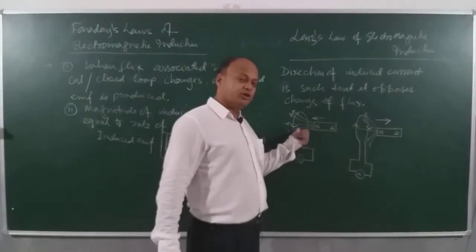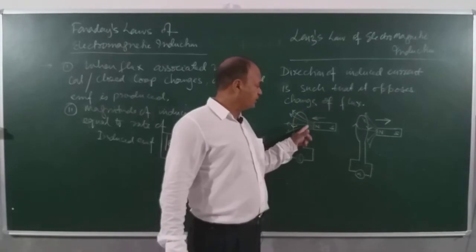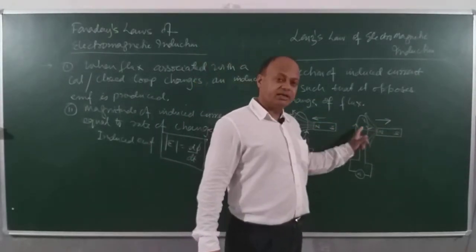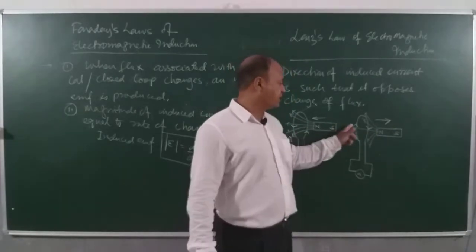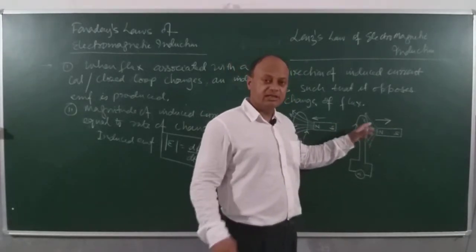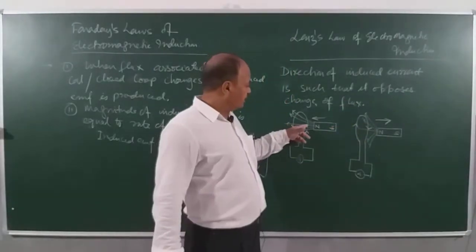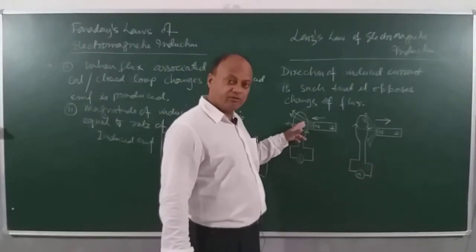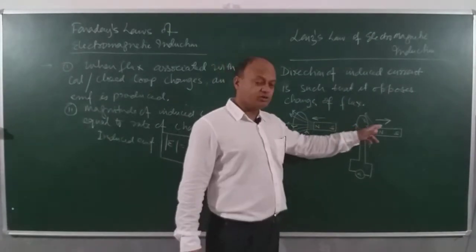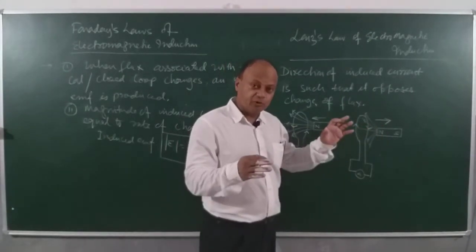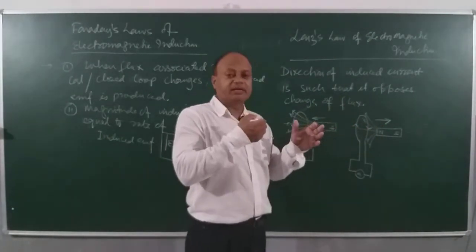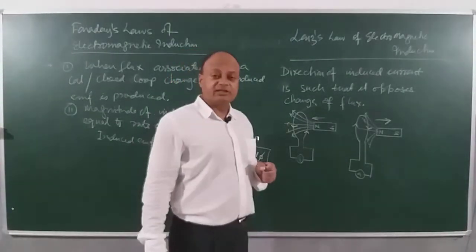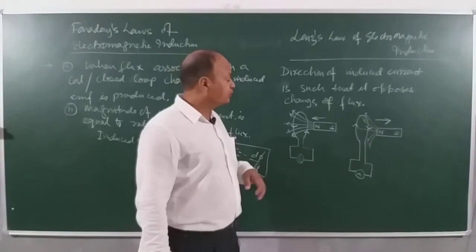When the north pole is going towards the coil, the current here will be anti-clockwise; when the north pole is going away, the current here will be what? Clockwise, right? Meaning, the coil has to behave as a north pole if the north pole is going towards it, and when the north pole is going away, it has to act like a south pole, so that it can pull the magnet toward itself and prevent the change in flux, right?